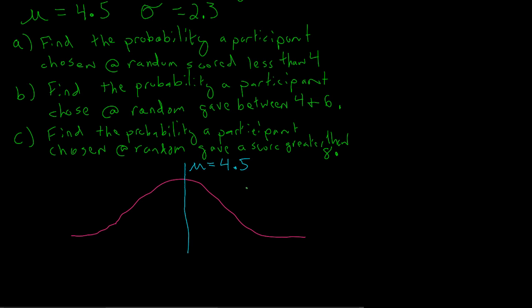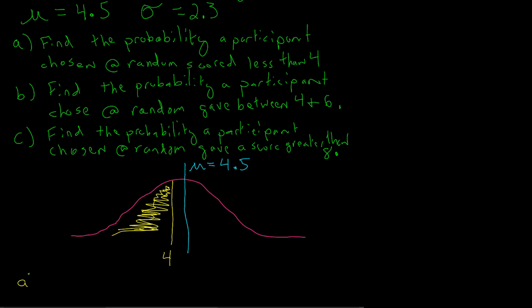Now, our key for finding probabilities are going to be z-scores. So I'll use yellow for question A. We want to find less than 4. So it's going to be fairly close to the mean, and so we'll say that's 4. And so we want to find all of this area.